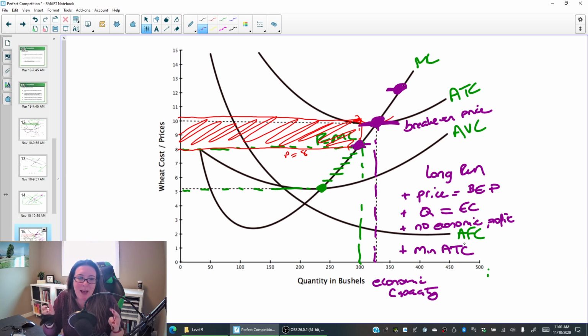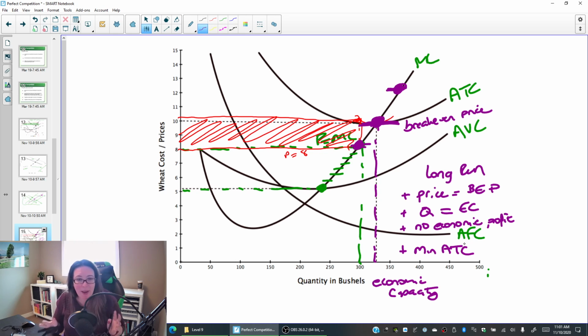But if we have all those characteristics, then what that leads us to is a market where the price in the long run is at the break-even price, the quantity is at economic capacity, so the business is the most efficient, and there's no economic profit.